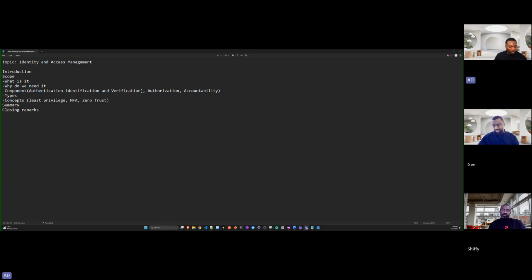Once you provide your ID, they verify within their systems against your booking the information that you've provided earlier. The authorization piece is where you're given an access card afterwards, where you can only go to the room which you have booked.